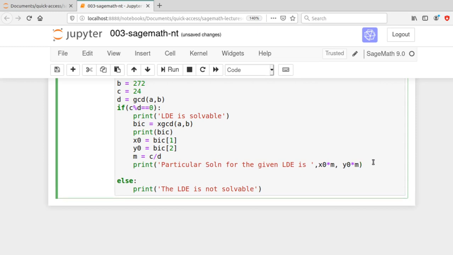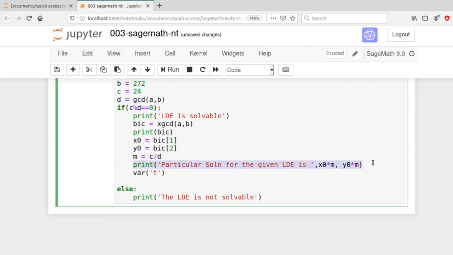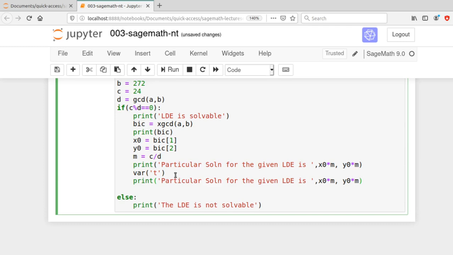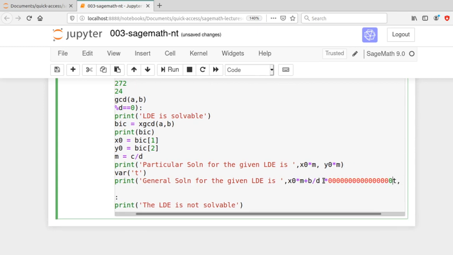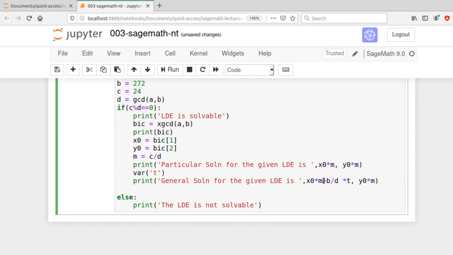For finding the general solution, we are going to define a symbol or a variable t, and now in the general solution, one solution plus b by d times t, and a minus a by d times t.